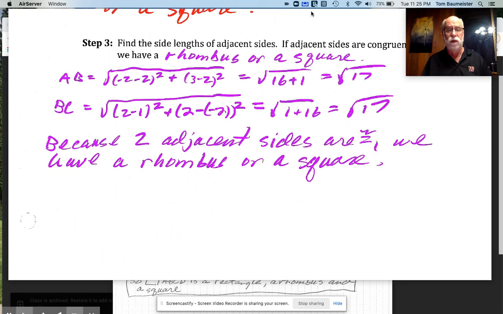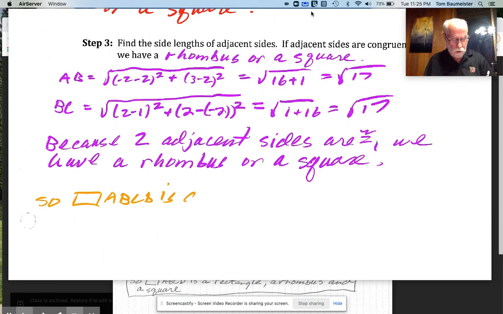So since they're both true, I just kind of hinted, since they're both true, what would you say? You would say, so quadrilateral ABCD is, from the top one, it's a rectangle and a square.